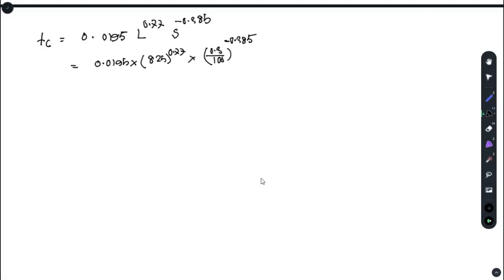From there, you will get a time of concentration of 32.14 minutes. But your rainfall occurred for 2 hours. So the rainfall duration is greater, so peak runoff will occur.